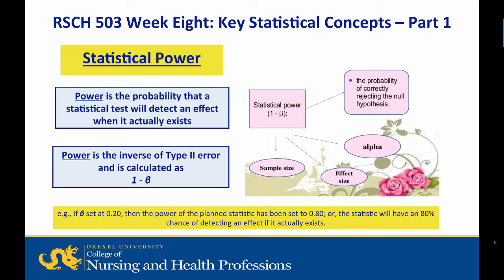Power is calculated as 1 minus beta, the inverse of type 2 error. For example, if the beta is set at 0.20, or 20%, then the power of the planned statistic has been set at 0.80, or the statistic will have an 80% chance of detecting an effect if it actually exists.